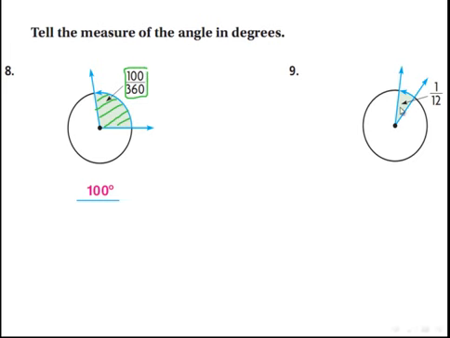Next question. I want the answer in degrees. Let's see the shaded part. What fraction does the part represent? Great, 1/12. When I see 1/12, I can't label the answer in degrees directly.